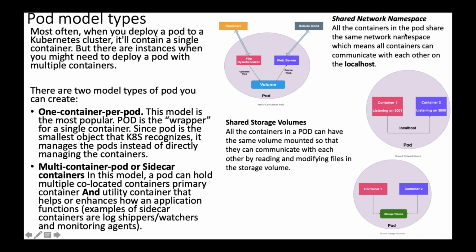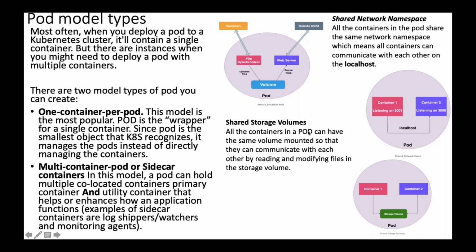Now, what is common for the containers which are running in the same pod? If you see this diagram: network and storage. If you attach a volume to the pod, that volume can be mounted in this container or this container also.